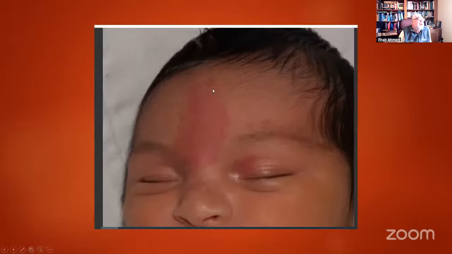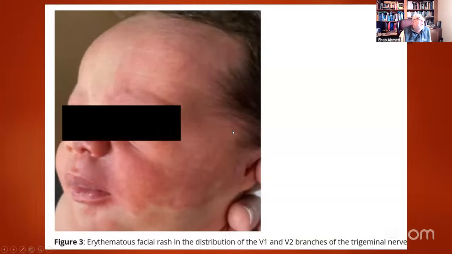And this is the port wine stain. This is a picture from the case that we discussed before, and we were confused whether this is Sturge-Weber with port wine stain, or a capillary hemangioma and this is Faces syndrome.